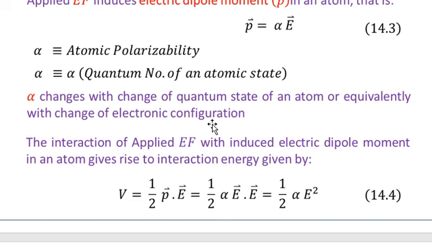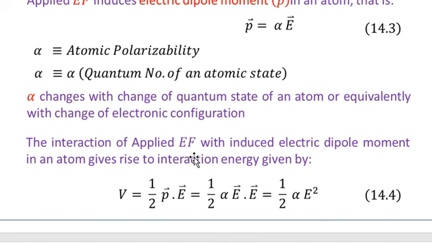When the electronic configuration is changed, that is, the quantum state of an atom is changed, the electron distribution is also changed, and due to that, alpha, the atomic polarizability of that atom in proportion with that particular atomic state, will also change. So alpha will change with regard to a particular atomic state in an atom.